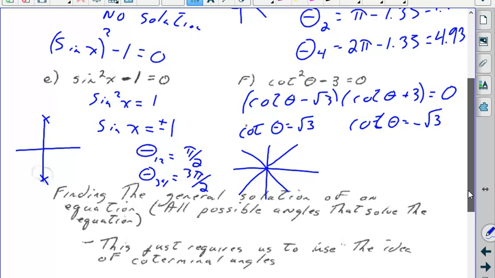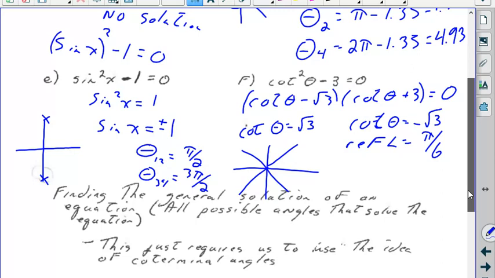So by reference angle, it is pi over 6. I just wrote this down because I wanted to make sure. Yeah, adjacent over opposite, that guy is my pi over 6. So I have 4 solutions.